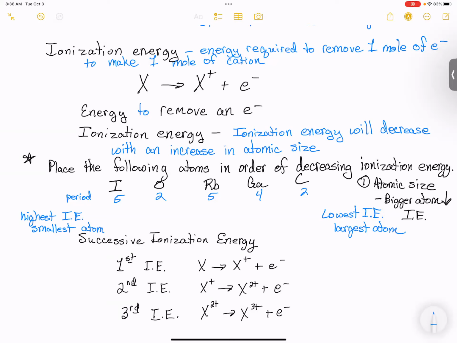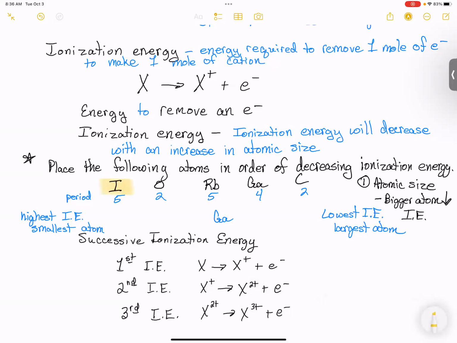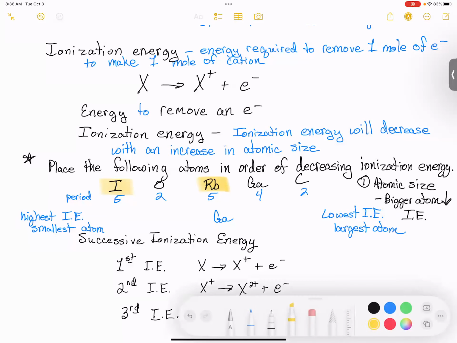Well, gallium's going to be in the middle, but I have 2 in the 5th energy level. So which one of those is going to be the biggest in the 5th energy level? Which one's going to be the biggest out of iodine and rubidium?